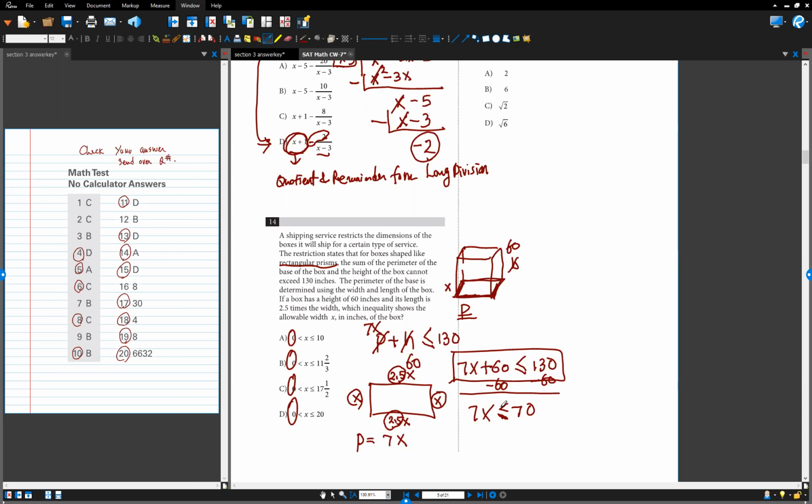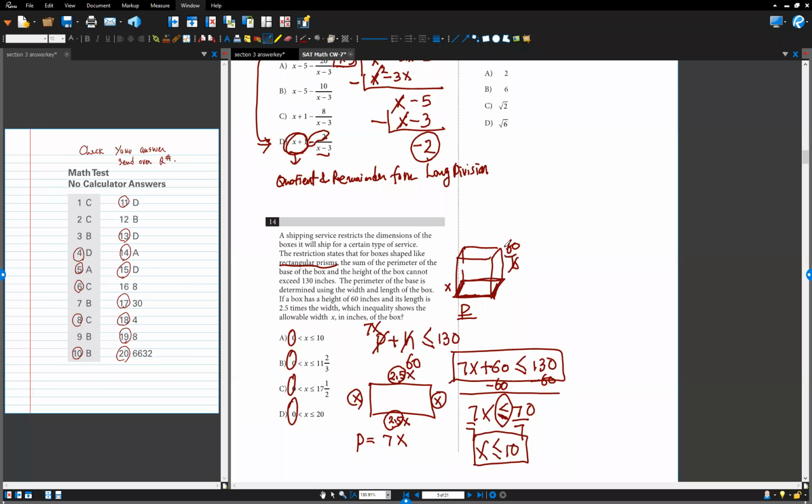Now we need to divide by 7. It's still a positive number, so the direction doesn't change, so x is less than or equal to 10. If the width of the base is less than or equal to 10, it satisfies the conditions.